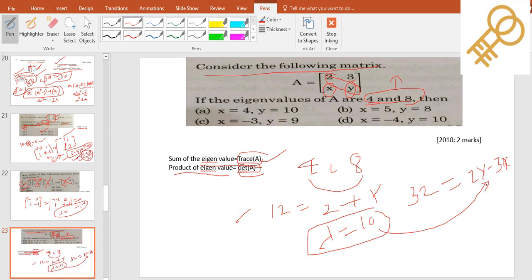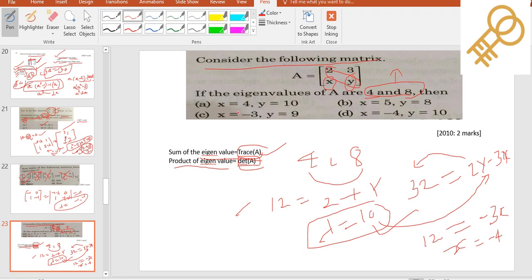When you multiply 10 into 2 it will be 20, and when you subtract 32 from 20 you get minus 12, so minus 12 is equal to minus 3x. So x will be 4. So x is 4 and y is 10. So option D will be your correct option.